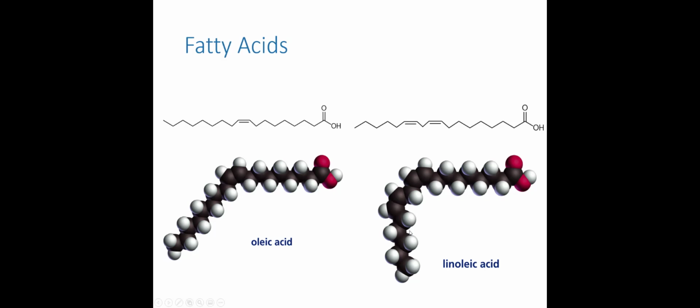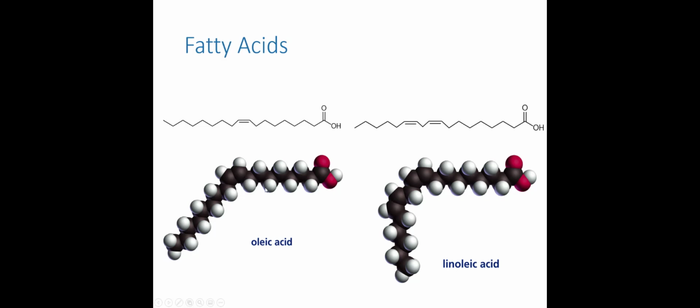While stearic acid was a saturated fatty acid, here I'm showing you two unsaturated fatty acids. So here I have oleic acid. Oleic acid also has 18 carbons, but you will notice it contains a double bond in its structure. This is in the cis orientation because there is a hydrogen going up on either end right there.